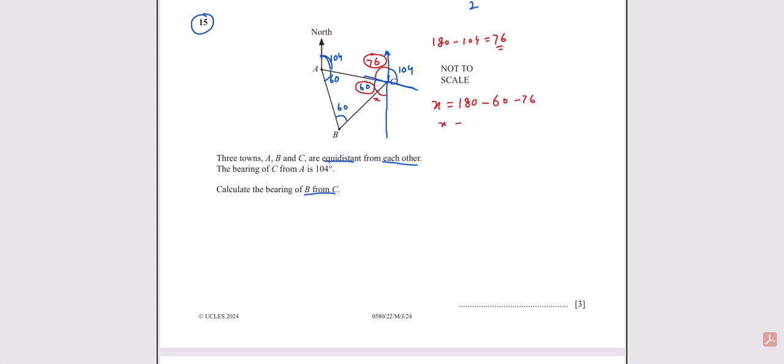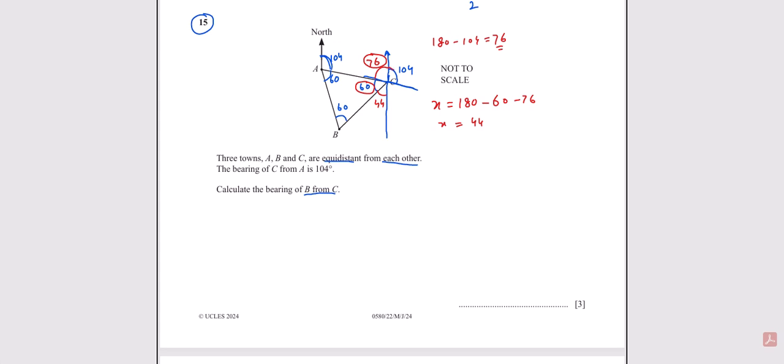Calculating these values, we get x equal to 44. So here is 44. And now our final question is to find the bearing from B to C.